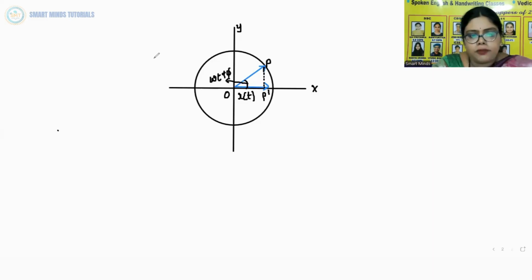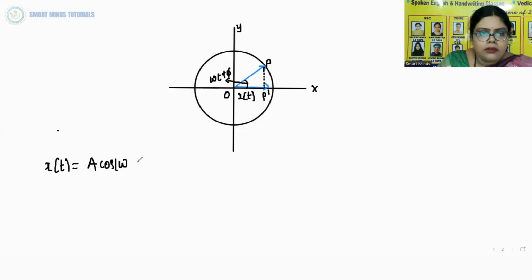Next, consider the projection of the position vector OP on the x-axis. This will be OP dash, and the position of P dash on the x-axis as the particle moves on the circle is given by x(t) = A cos(omega t + phi).